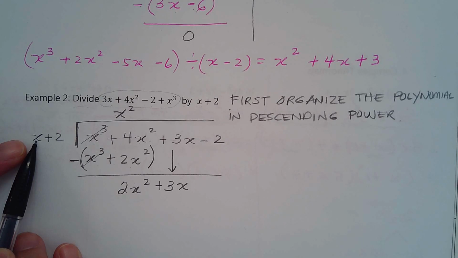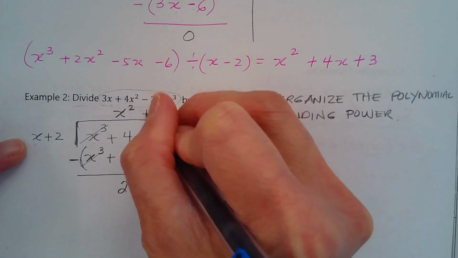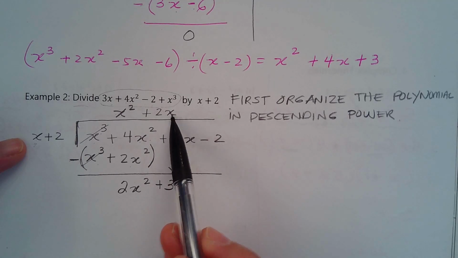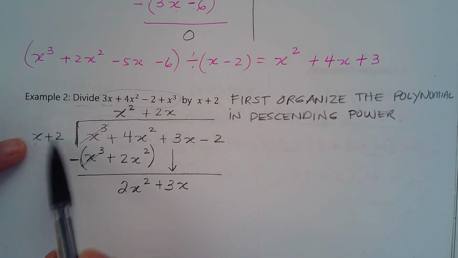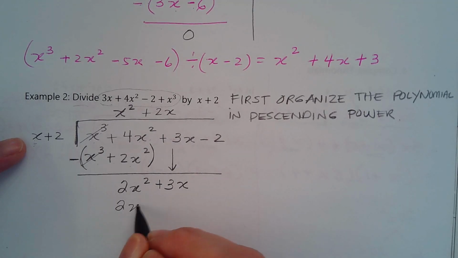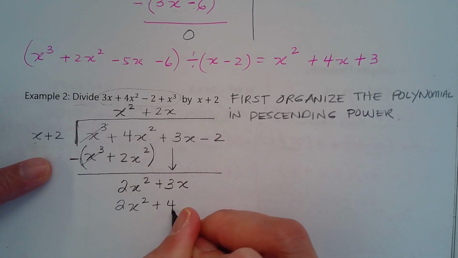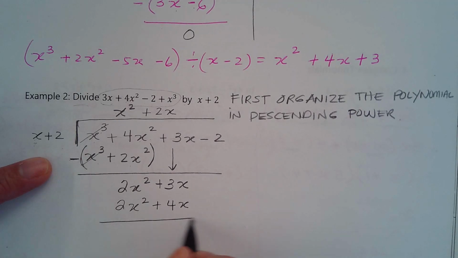How much is that? 2x. Okay? And then 2x times both. It's going to be 2x squared plus 4x. Okay, and then we're going to subtract.